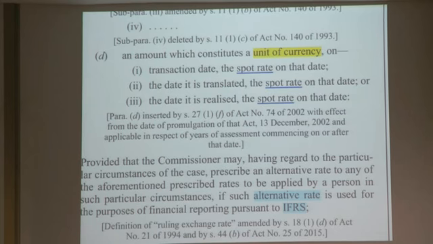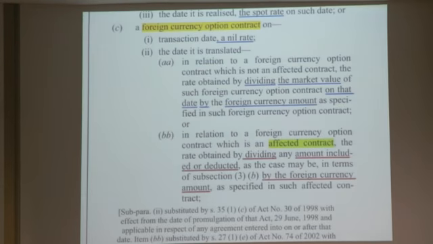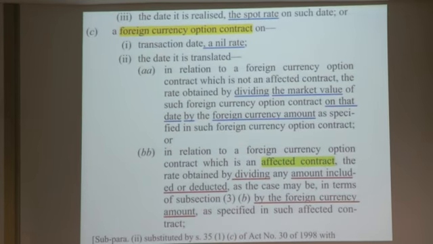Okay, so let's tackle this foreign currency option contract, because this is the one that we normally leave out at undergraduate level, so I don't know how many of you have been exposed to this one, so I'll take it slow to make sure everybody's following. If I have a foreign currency option contract, the rule is a little bit different.